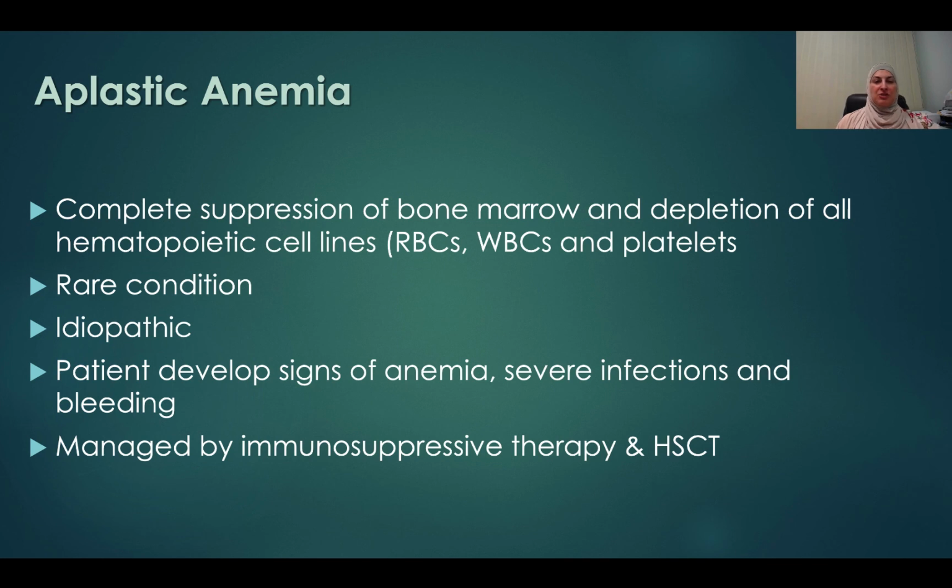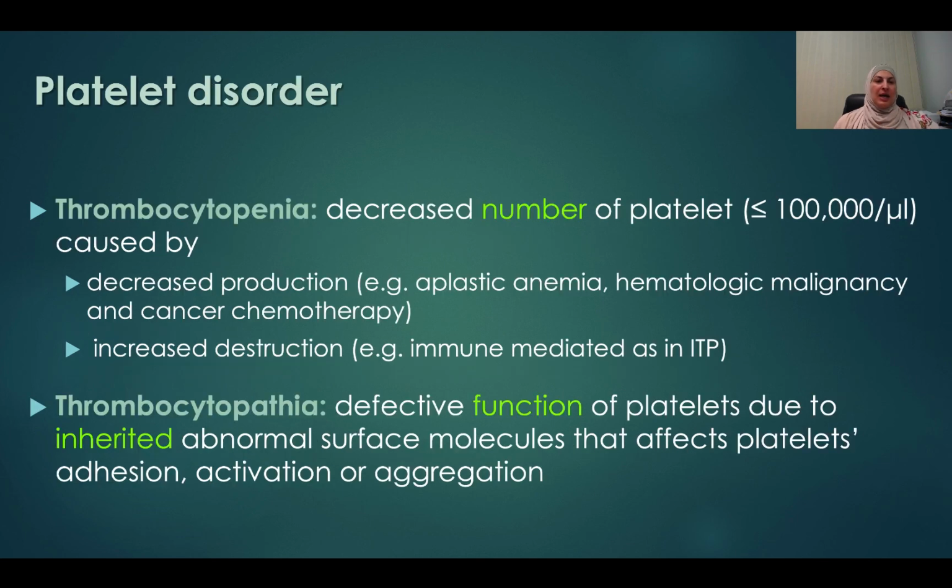Usually this condition is treated with immunosuppressive drugs, and in many cases the patient might require a hematopoietic stem cell transplant to have a new bone marrow that is capable of producing the blood cells.